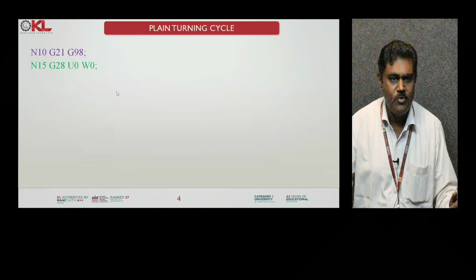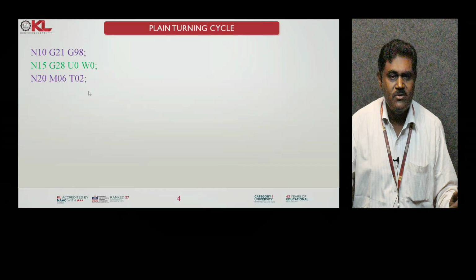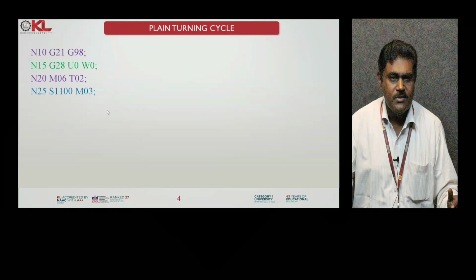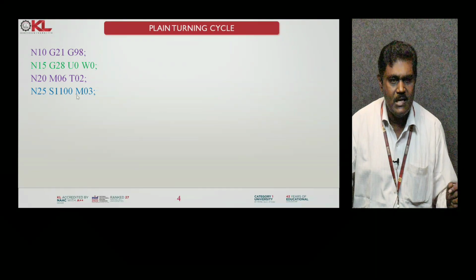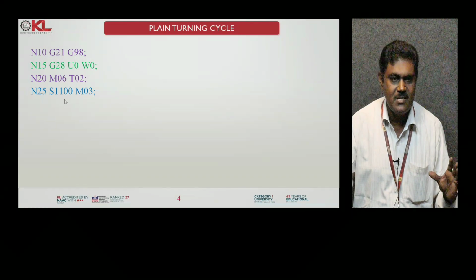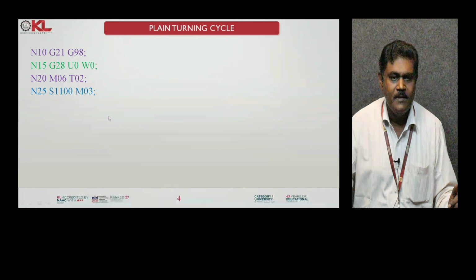G28 is the reference point and U0 W0 are the auxiliary coordinates, and M06 T02 is the tool change to number 2. In the turret there are 6 positions, 1 to 6, and the second tool will be selected. S1100 M03: spindle speed is 1100, and M03 starts the spindle rotating in the clockwise direction.